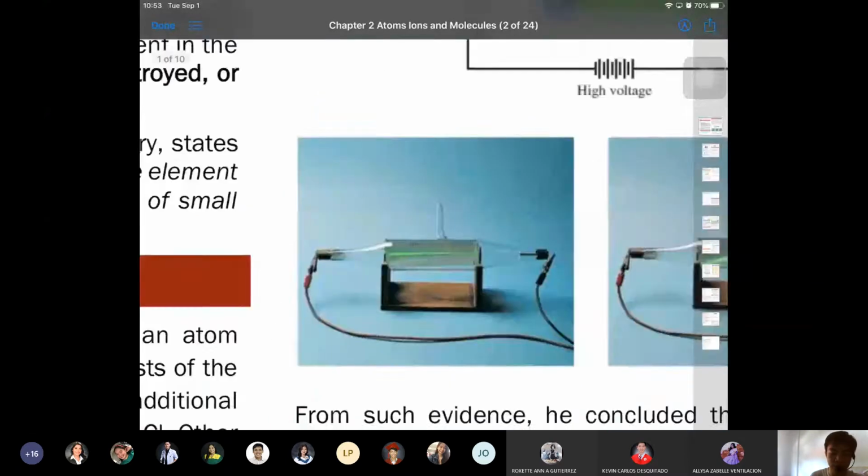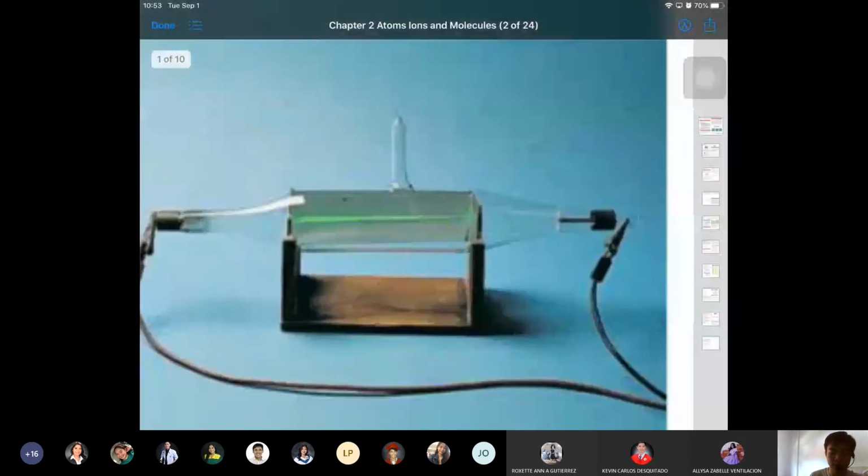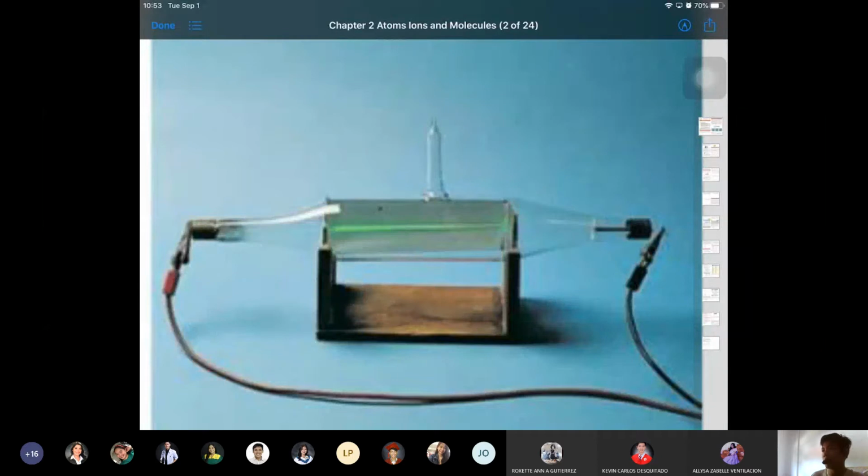So this is the actual experiment, no? On this side, where the cursor is, this part is the metal, no? Then these wires create the circuit. The voltage is high.